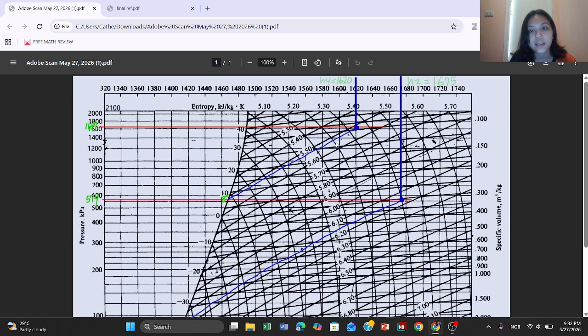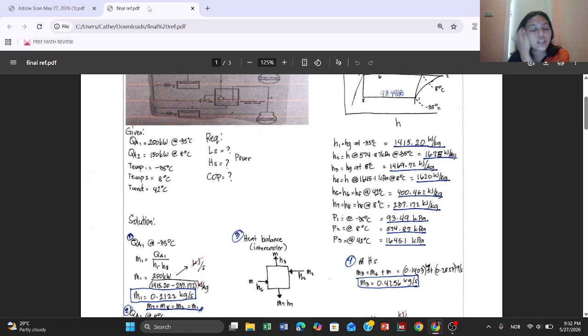Connecting it with the isentropic line, the intersection of the isentropic line and the pressure line will be at 1620, and this will be our value for H4.